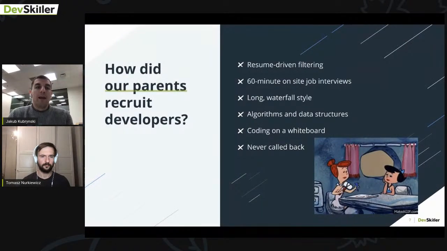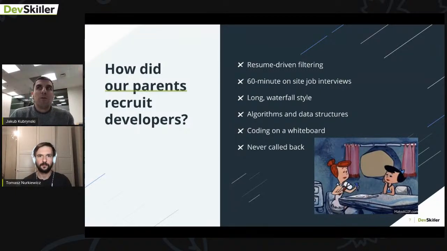And when you take a look at the ancient recruitment process in IT, how our parents were recruiting developers, and unfortunately how a lot of companies are still doing it right now, most of the recruitment processes that I've seen, especially a few years ago, were based on resume-driven filtering. The process is very simple. You get an application from a candidate based on the resume, the CV, and then based on that, you decide if the candidate is good or bad.